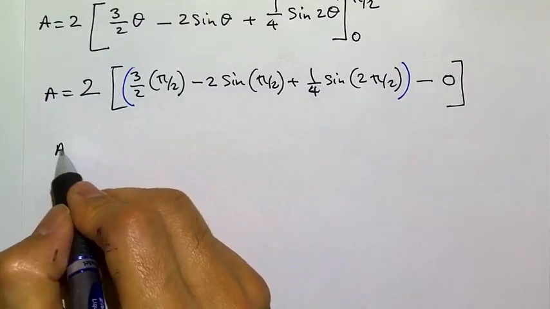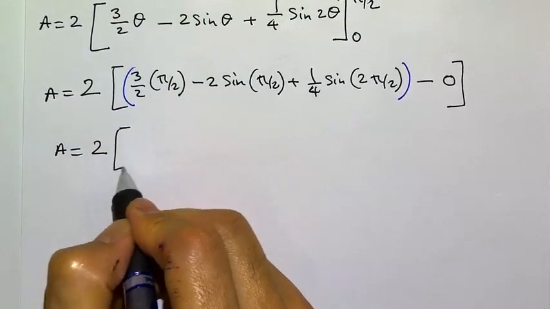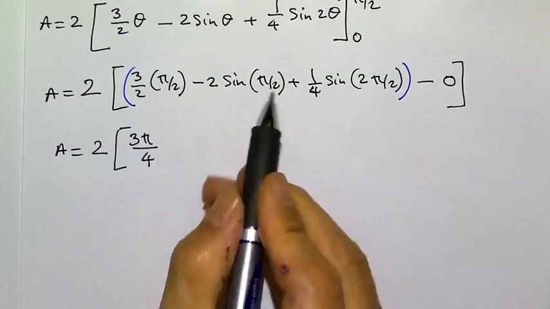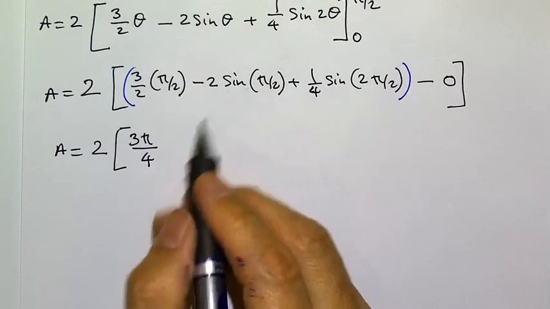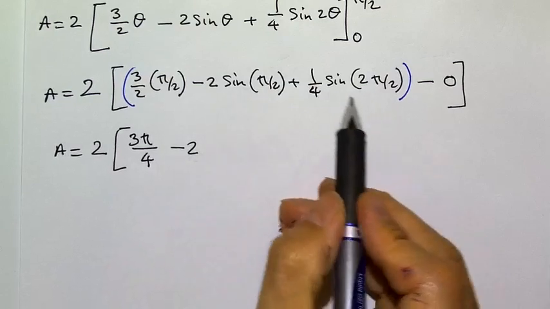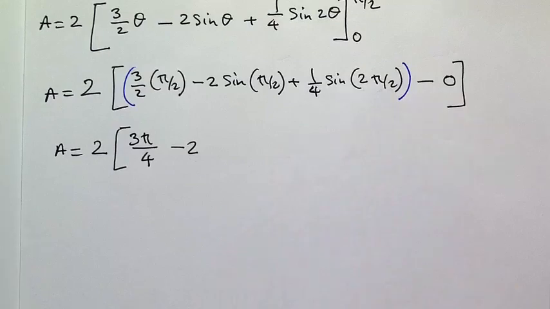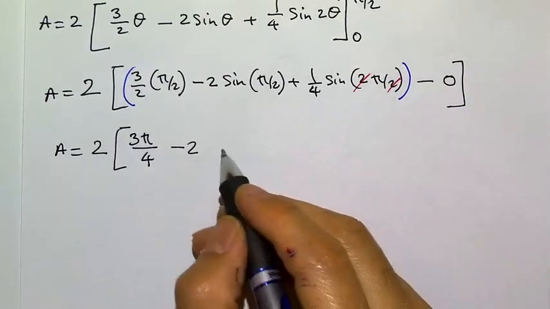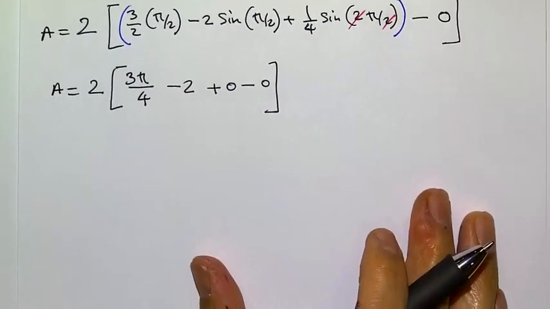Okay, so what do we have? We have the 2 here, we have 3 pi over 4. Sine of pi over 2 is 1 times minus 2 is just minus 2. 2 times pi over 2, the 2's cancel out. We get sine of pi, which is, of course, 0. So 0 minus 0, so we have 0 after that.